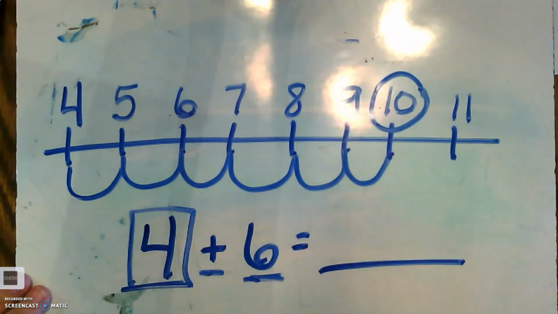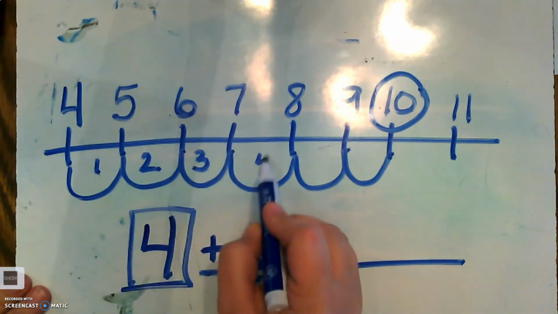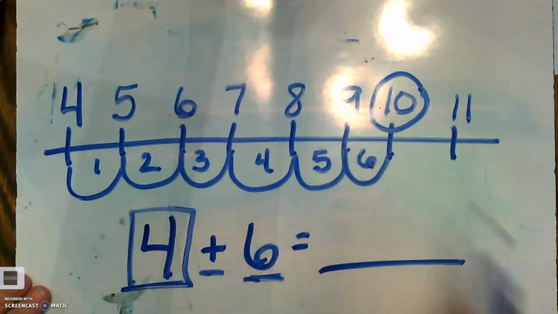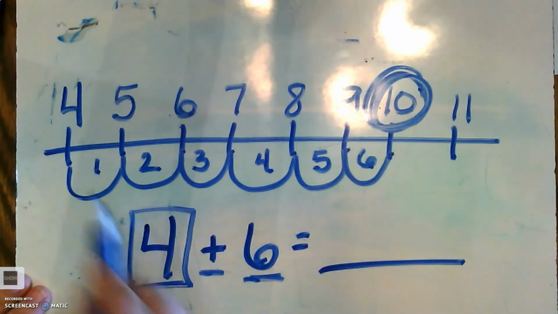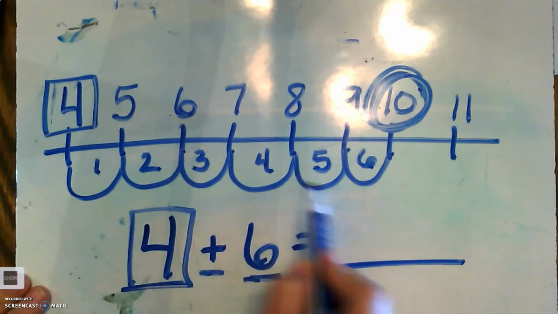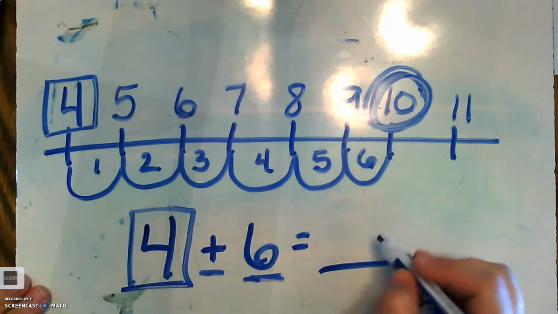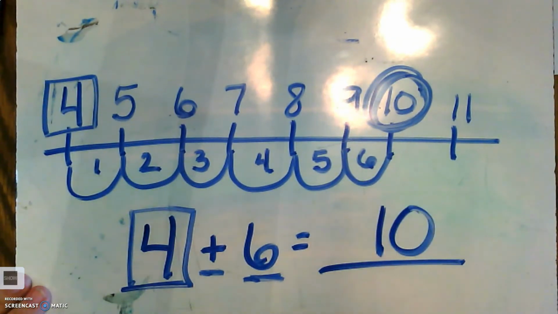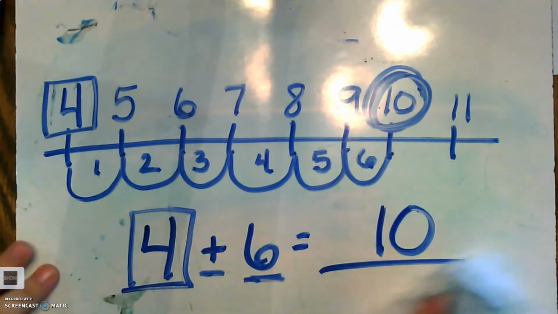So it looks like I landed here, but I'm going to check. 1, 2, 3, 4, 5, 6. And I am correct. If I start with 4, which is right here, and I add 6, or I jump 6 places on my number line, my answer or my sum is 10. Excellent job, boys and girls. Okay, let's do one more.